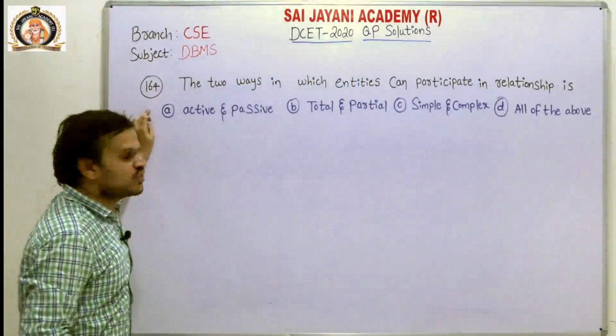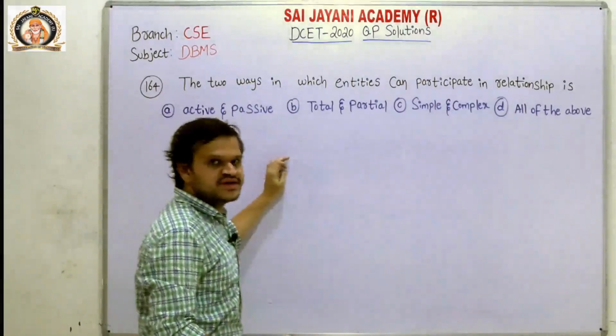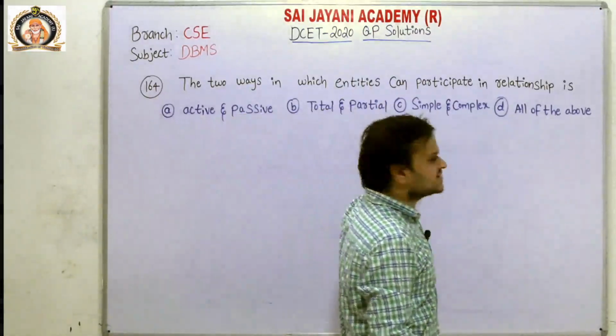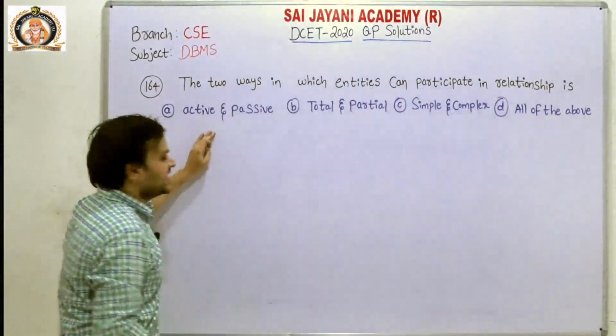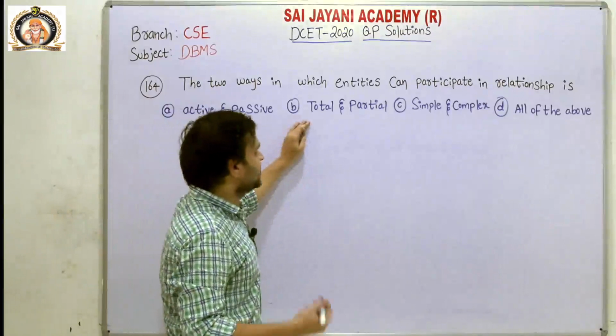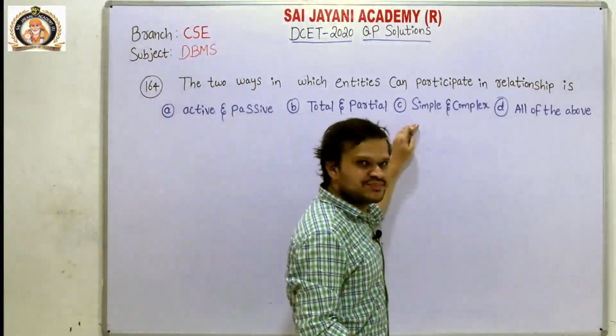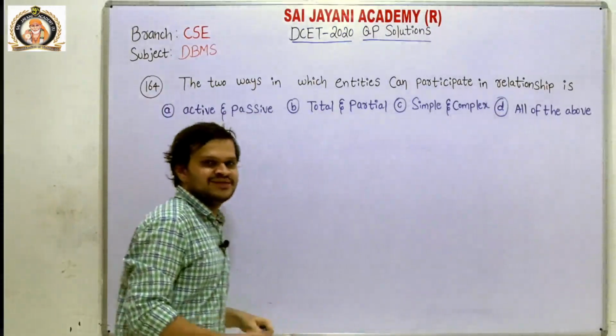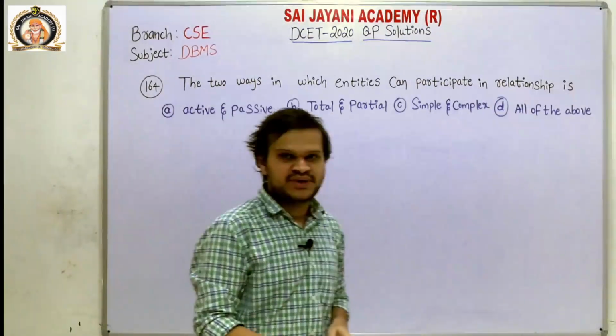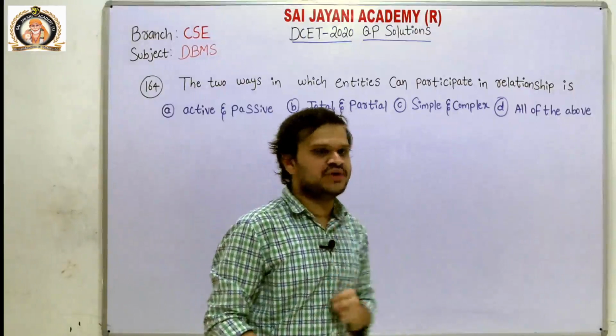The question number 164: the 2 ways in which the entities can participate in a relationship is option A, active and passive, option B, total and partial, option C, simple and complex, and option D, all of the above. Here the entities can participate in a relationship in 2 ways.